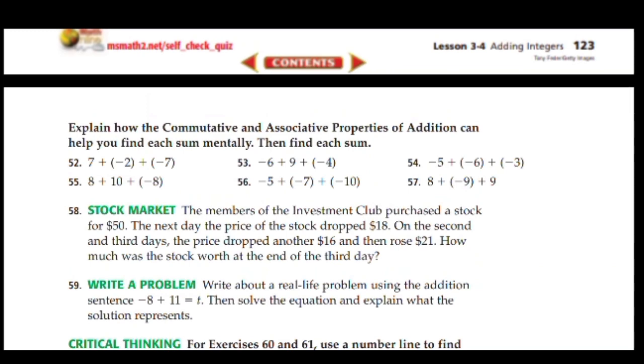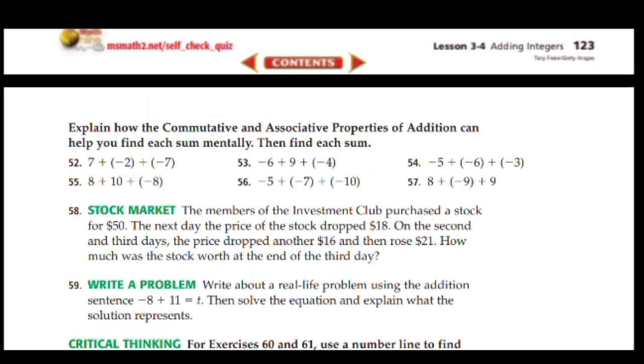52. 7 plus negative 2 plus negative 7. 53. Negative 6 plus 9 plus negative 4. 54.